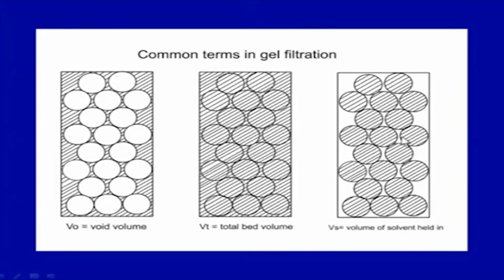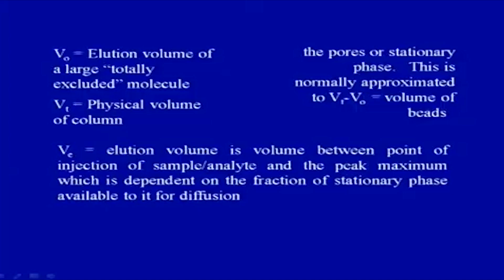Then you have the volume inside the stationary phase, called Vs, the volume of solvent held in the beads. That is how the void volume, the total bed volume, and the volume of solvent inside the support beads are described.